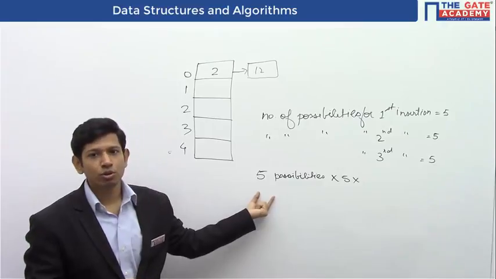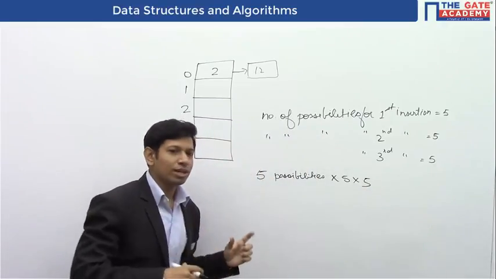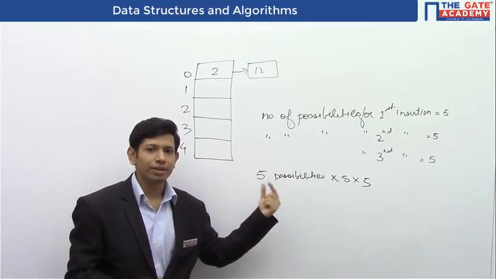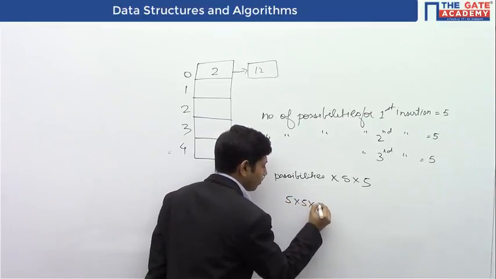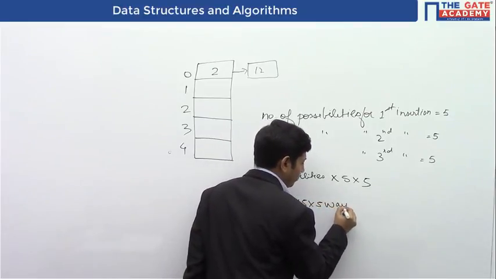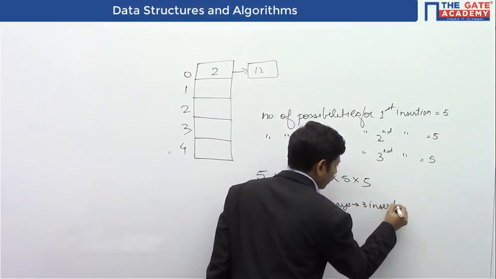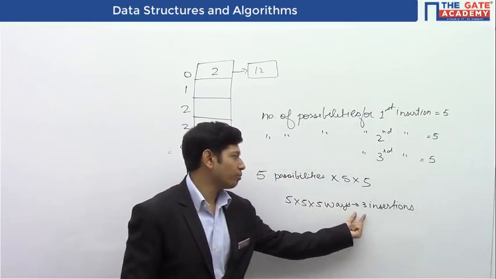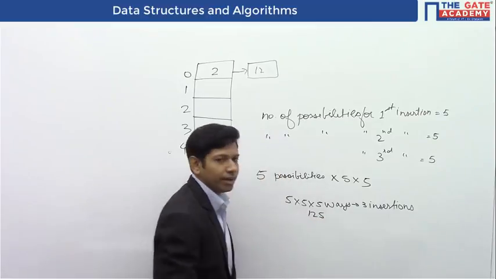So for that also 5 possibilities. So the total number of ways in which we can make 3 insertions is 5 into 5 into 5 ways, which comes out to be 125 ways.